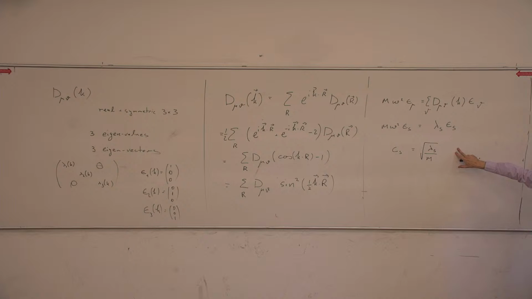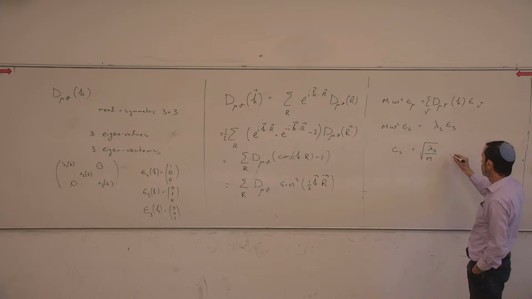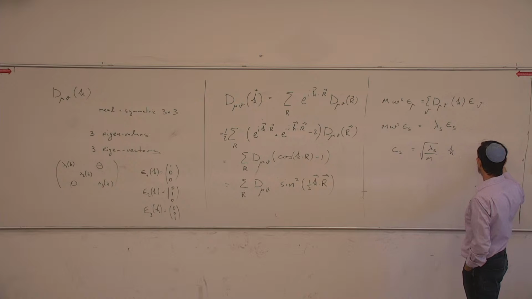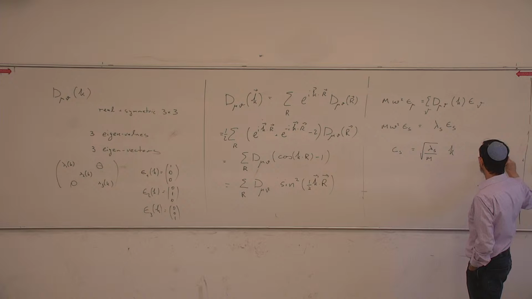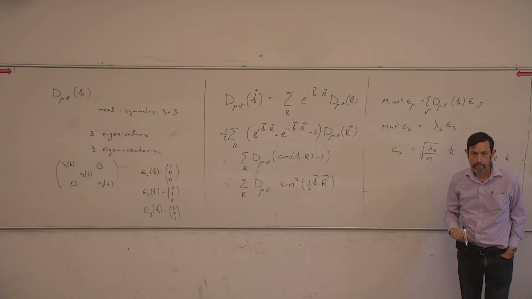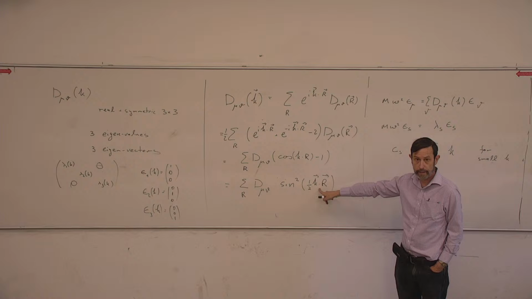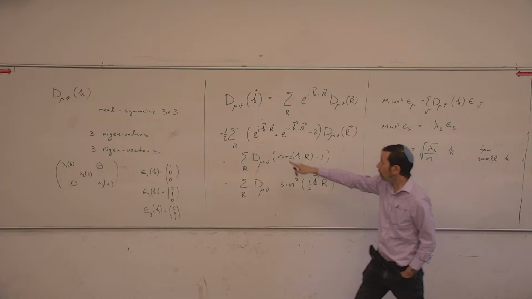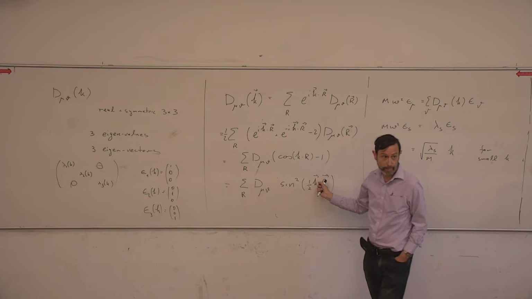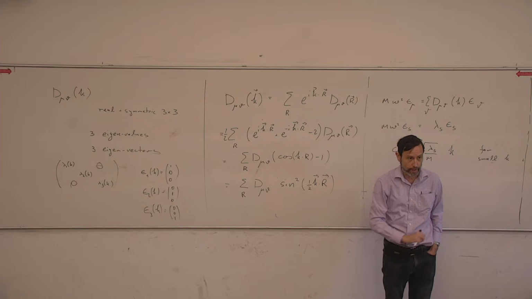How do I know that you have here a linear dependence on k? I go back and look at what's happening here. For small k, I'm allowed to exchange it with simply k squared here. And then I have omega squared proportional to something times k squared, meaning I have an acoustic mode.